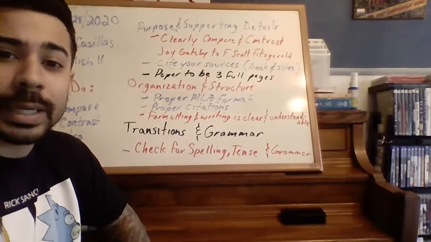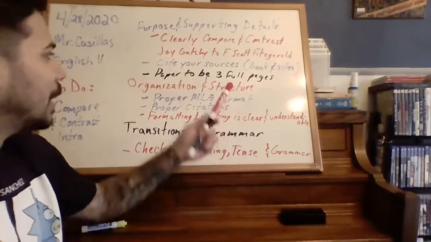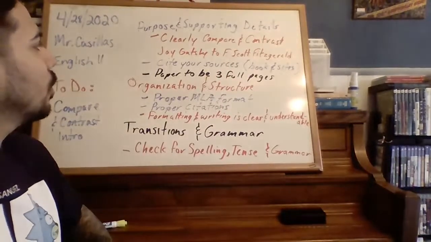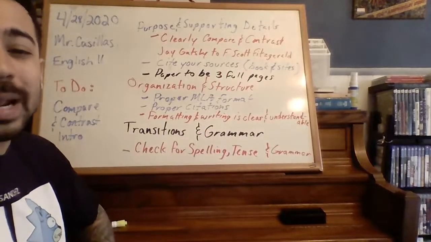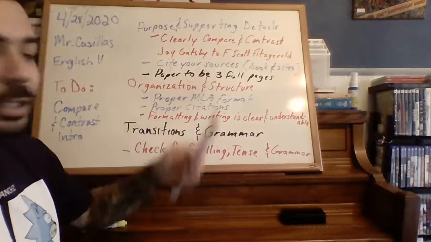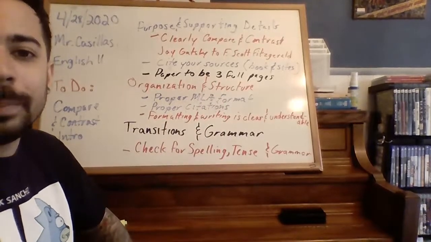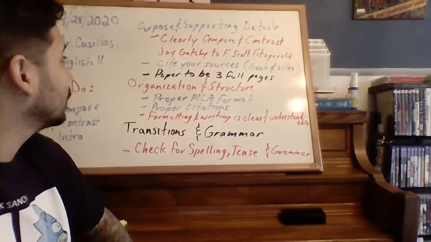To receive a 3, maybe you have a lot of information, but maybe you didn't cite correctly. Or maybe you're at 2.5 pages or just barely on the third page. So that'll get you a 3. A 2 will be if you literally gave me half of what I asked for.